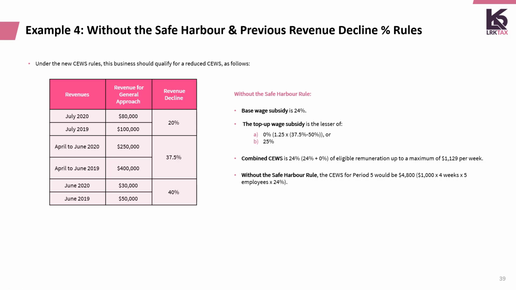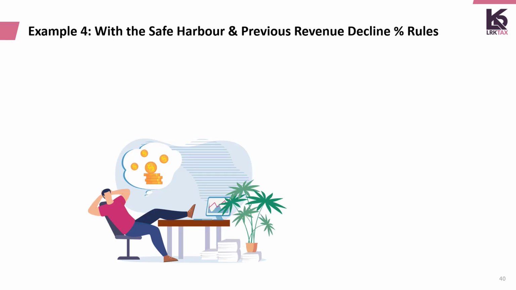And because July period 5 is one of the periods that allows you to have the safe harbor rule, that allows you to basically take advantage of the old rules, that means that July would qualify for a 75% wage subsidy, because in essence, it has a 40% revenue decline.